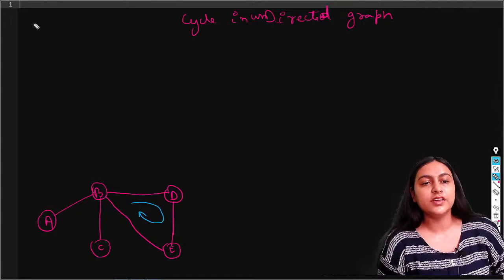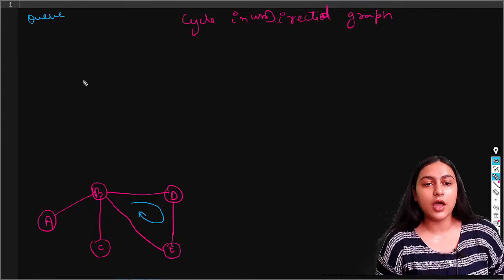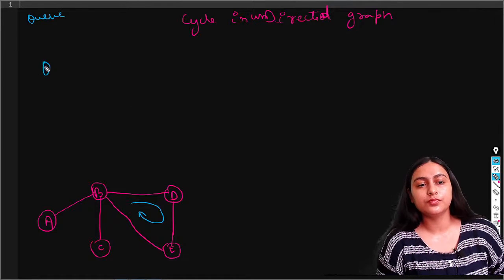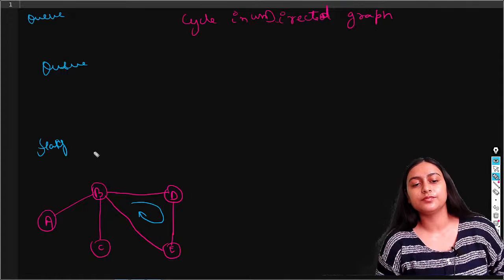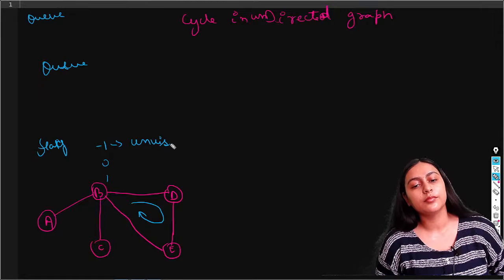The data structure that we use for BFS traversal is a queue. Here I'm going to maintain one queue. I'm going to maintain a flag which will have values -1, 0 and 1.